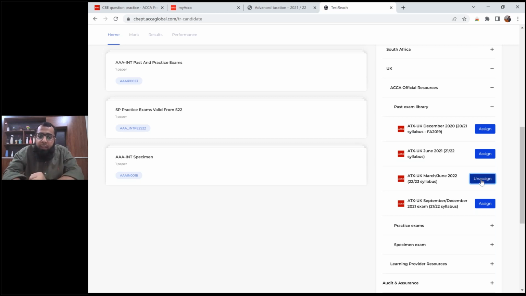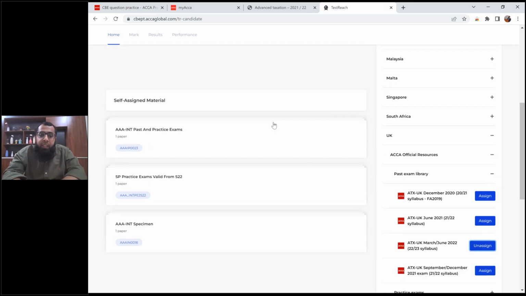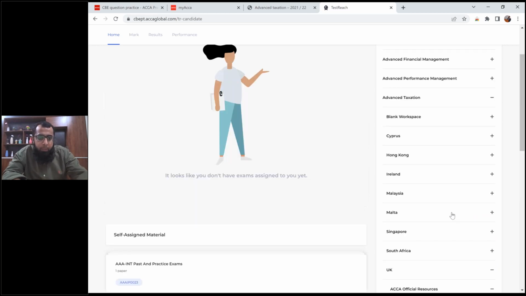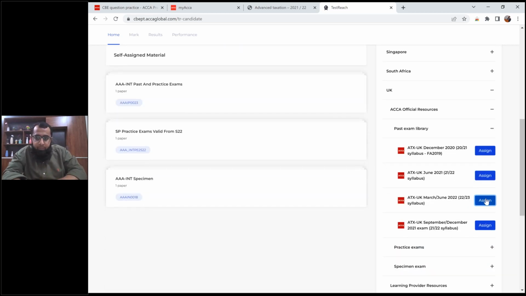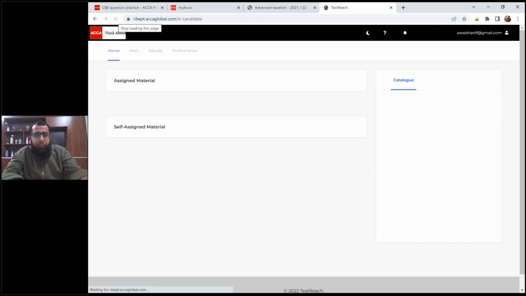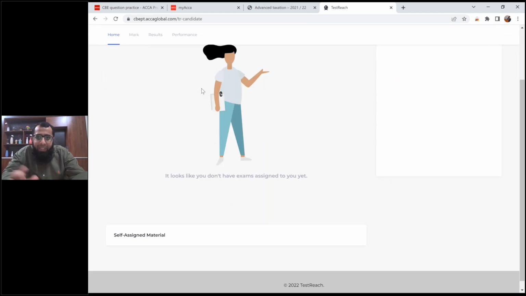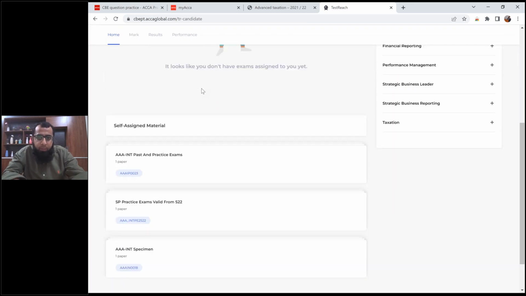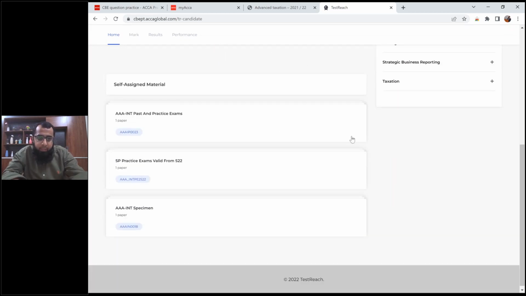Okay, once you click on assign on the right hand side, the paper will start appearing on the left hand side. Just a second while it gets loaded. Let me refresh the screen again, because when we assign it on the right hand side, it will start appearing on the left hand side.